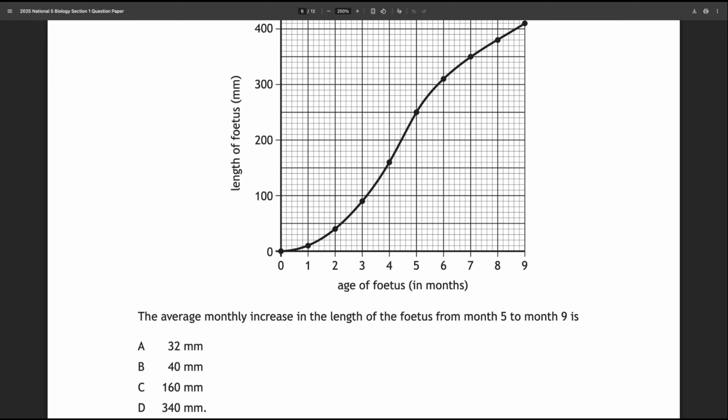So that's a difference of 160 millimeters, but that's across 4 months, and it wants the average monthly increase. So we have to do 160 divided by those 4 months, and that will give us 40 per month. Okay, so the average monthly increase in the length of the fetus from month 5 to month 9 is 40 millimeters. That's going to be B.